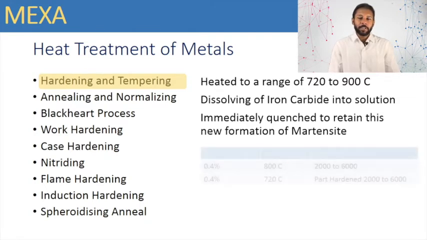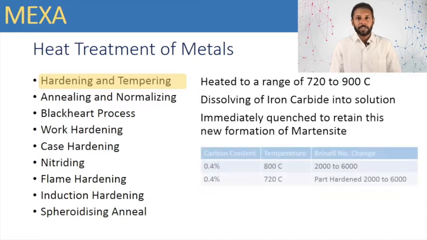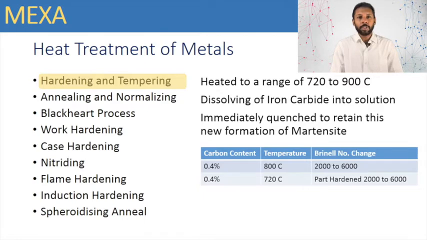If a steel of approximately 0.4% carbon content is heated to a temperature above its upper critical, that is about 800 degrees centigrade, and is then suddenly cooled by quenching, its Brinell hardness numeral would be increased from approximately 2000 to 6000.